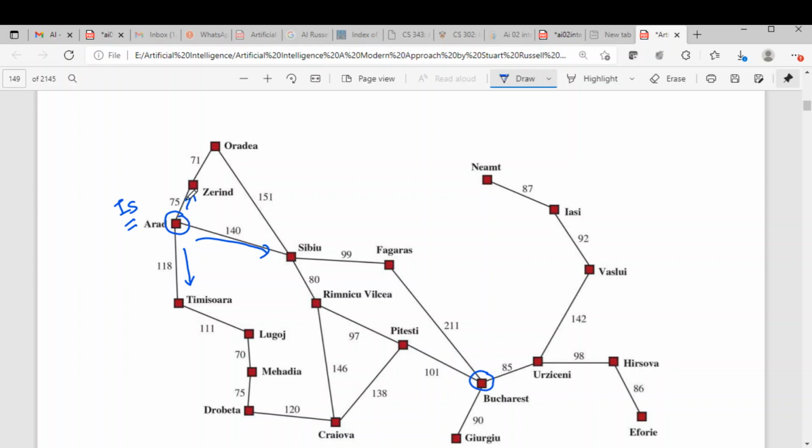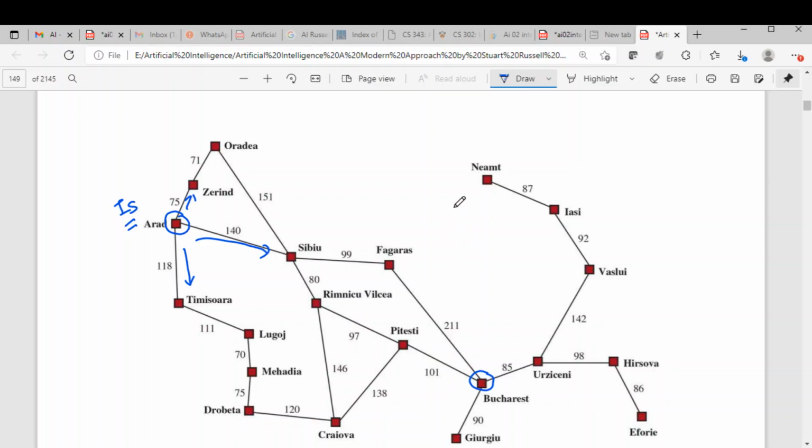So currently it does not know the cost of reaching the places. It only knows that I can go to any one of these three places. So where should I go? The agent will choose that destination from where it can reach the final destination at a cheaper cost. Okay, so that is called a greedy algorithm.